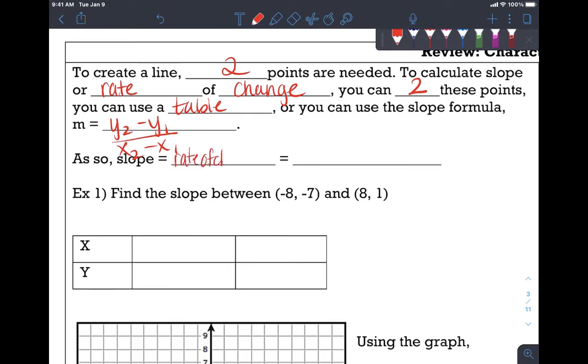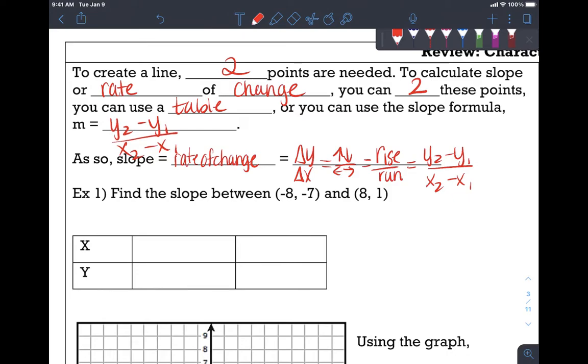Rate of change, and we also have difference in y over difference in x, which is also up, down, left, right, which is also called rise over run, which is also my fancy formula. All of these mean exactly the same thing.